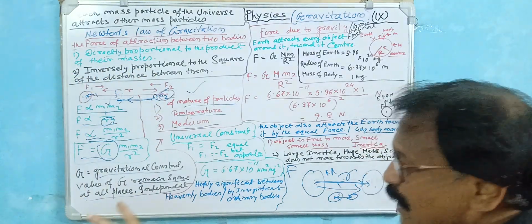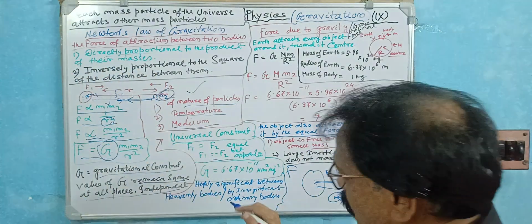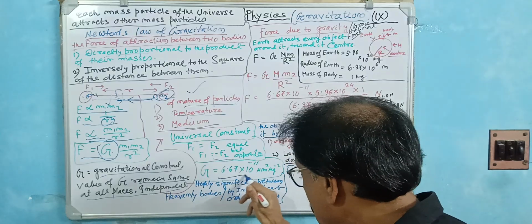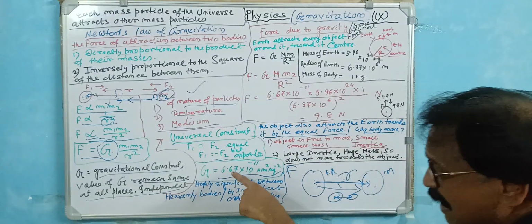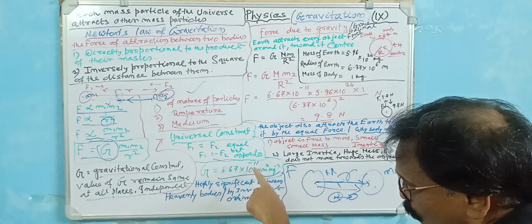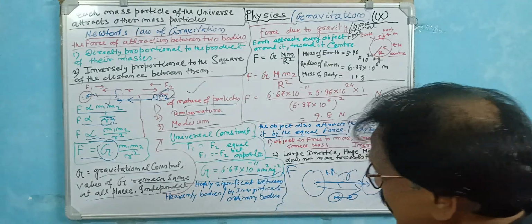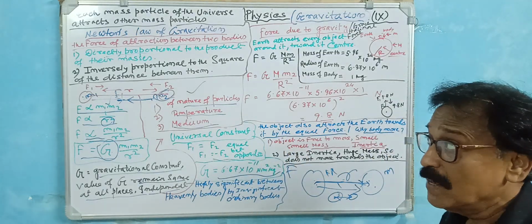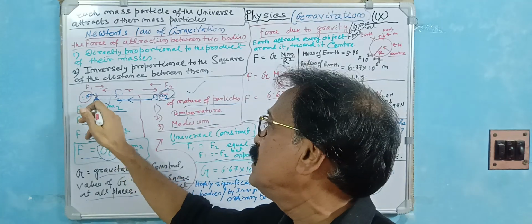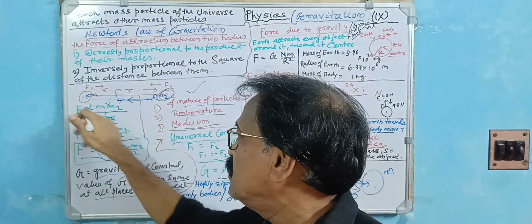Now in which way do you calculate G? You can calculate in different ways, but the value of G is deduced as 6.67 into 10 to the power minus 11 Newton meter square per kg square. It is calculated actually if this is 1 meter, this is 1 kg, and this is 1 kg.